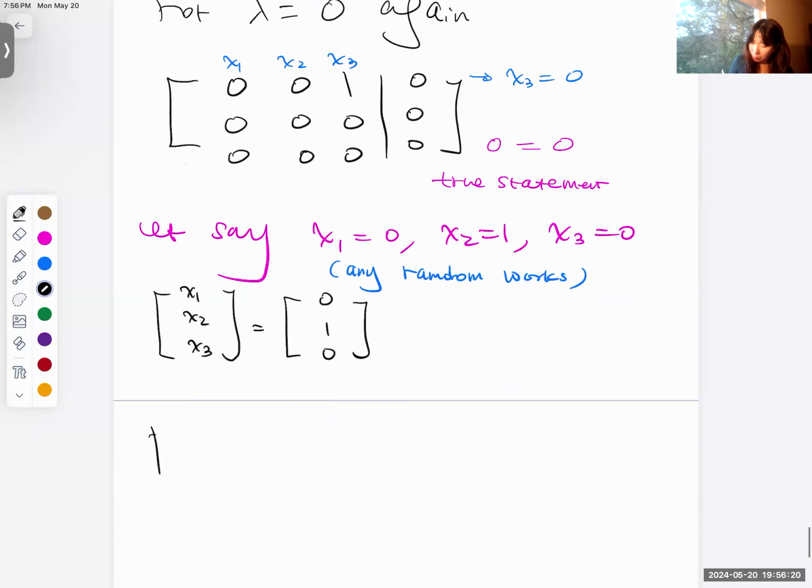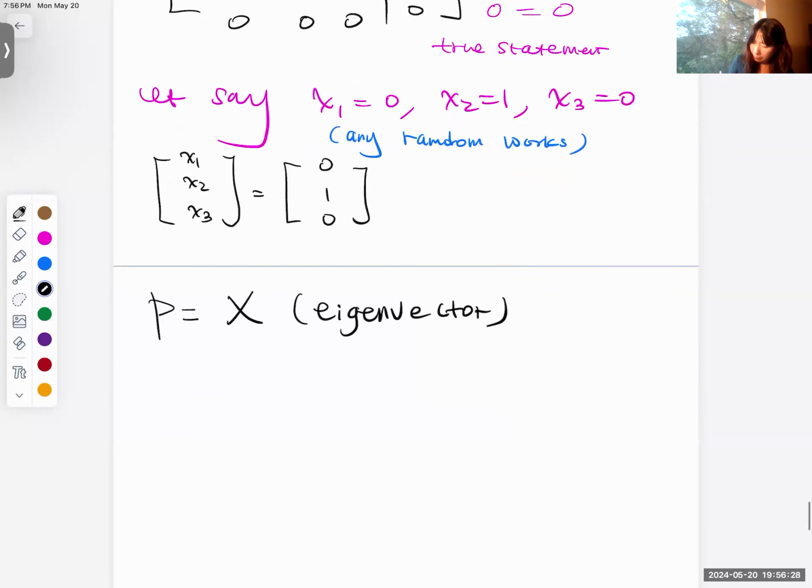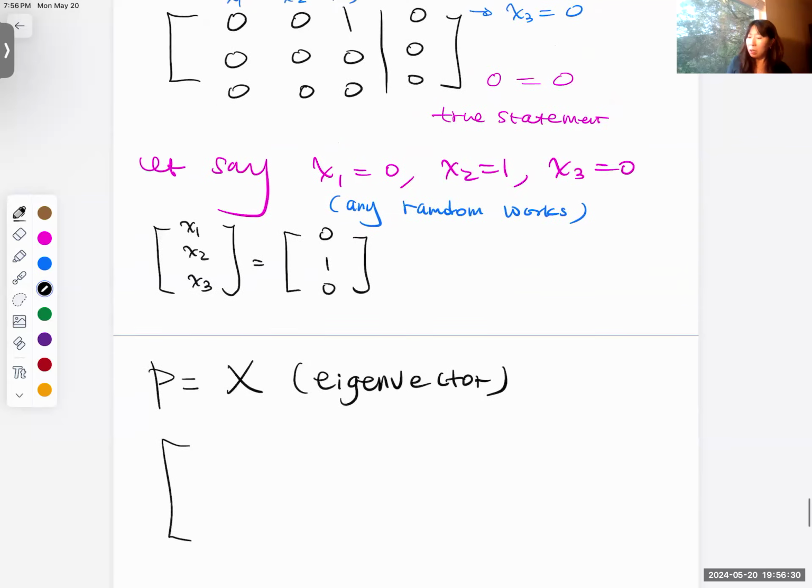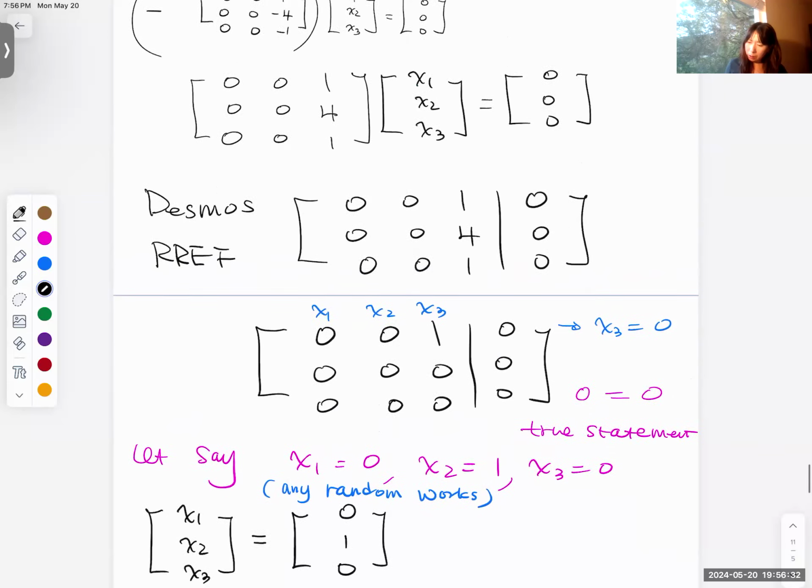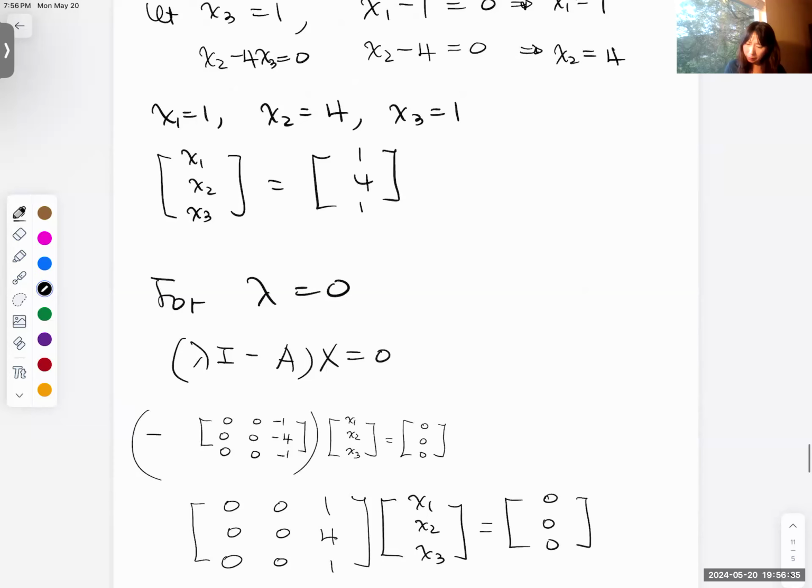Okay, so P will be the eigenvector matrix. The first one, we have 1, 4, 1.